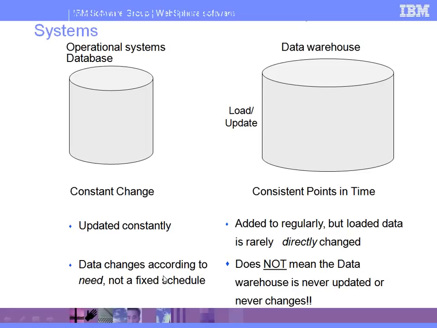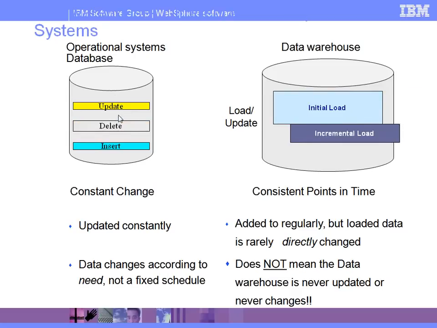Next. What is the basic difference between these two? How will data load into operational systems, and how will data load into the data warehouse system? While loading data into operational systems, those systems maintain constantly changing data.